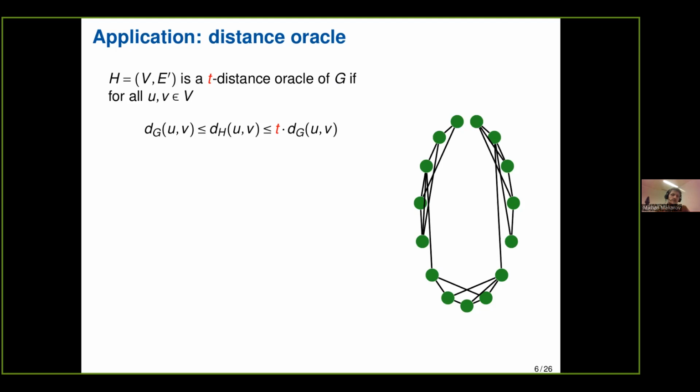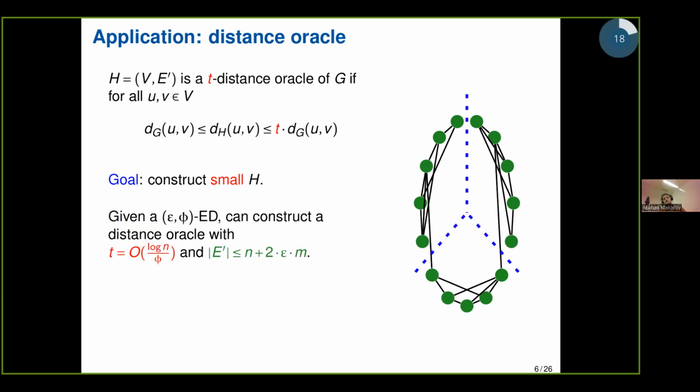Simplifying a little bit, we say that graph H is a t-distance oracle of G if for all pairs of vertices in V, the distance between them in G is at most the distance between them in H, which is in turn at most t times the distance between them in G. t is called the stretch parameter of the distance oracle. And usually when one constructs a distance oracle, one wants to have as few edges as possible in H while still having a relatively small t.